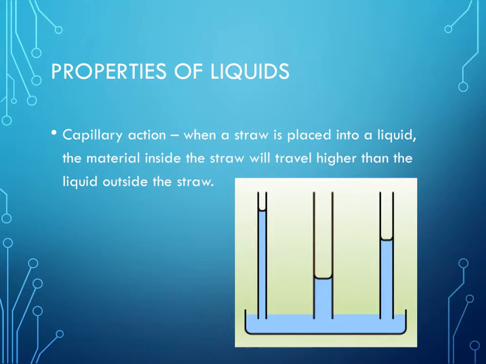And it's due in part to cohesion and adhesion, but it's also due in part to the pressure. So you have the liquid inside this straw is much higher because it's a narrower capillary than in this straw because it's wider. So you can see that the liquid is more likely to travel higher in a thinner tube or a thinner capillary than it is in a larger tube.